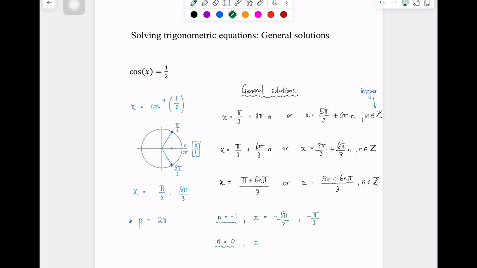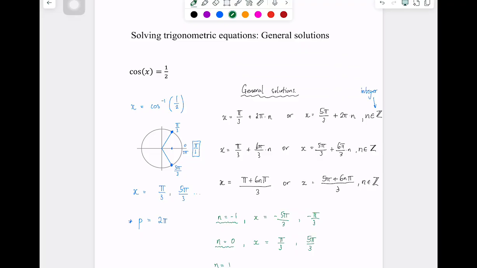If we let n equal 0, 6 times 0 makes that whole term 0, and we're left with pi on 3. So pi on 3 is our first solution for that pair. For our second solution, multiplying n by 0 turns that whole term into 0, and we're left with 5 pi on 3, which are our first two base solutions.